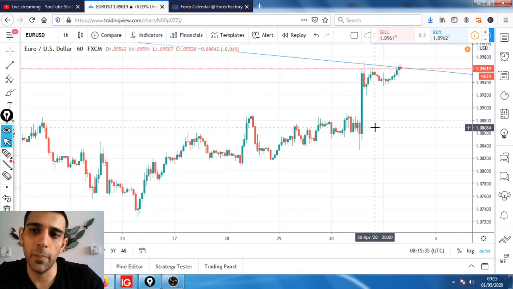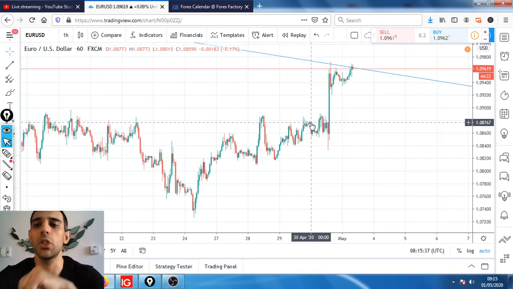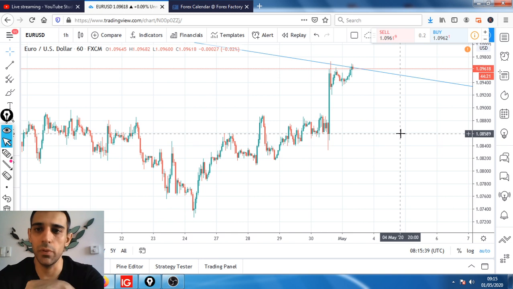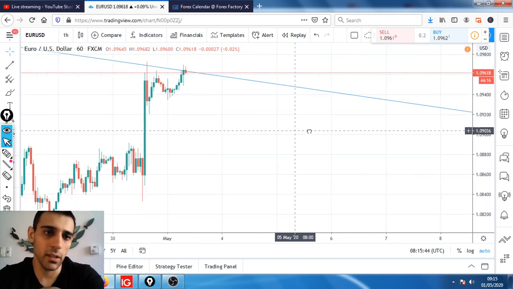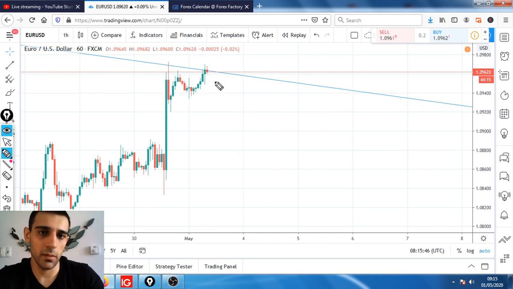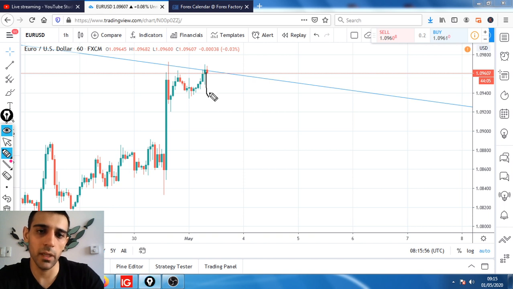But personally, I don't think it's going to work out today. I do want to see the price coming down in 2 or 3 candles. I don't want to see this kind of move. If it's this kind of move, then I would definitely leave the trade alone.